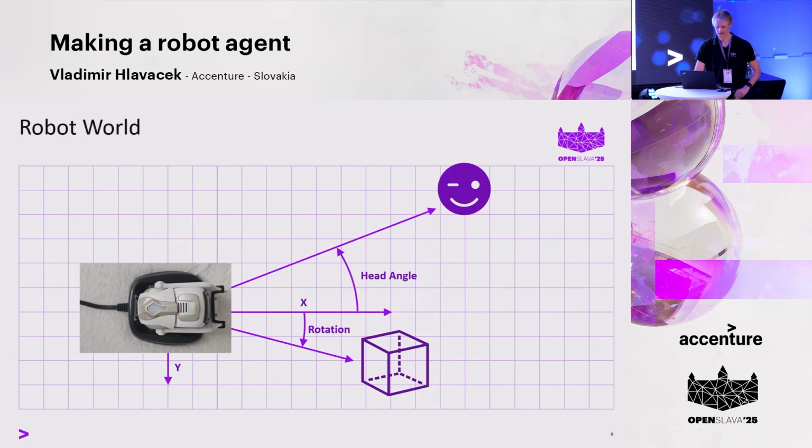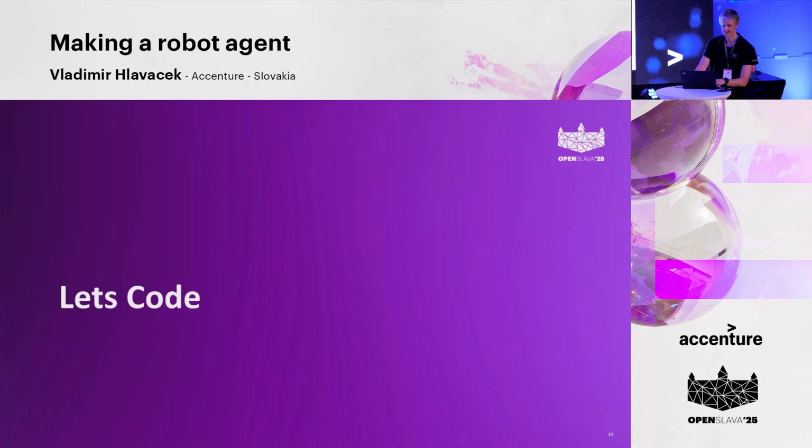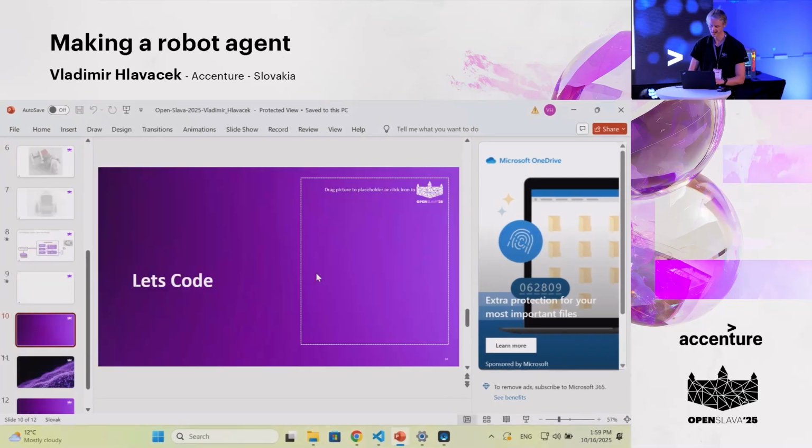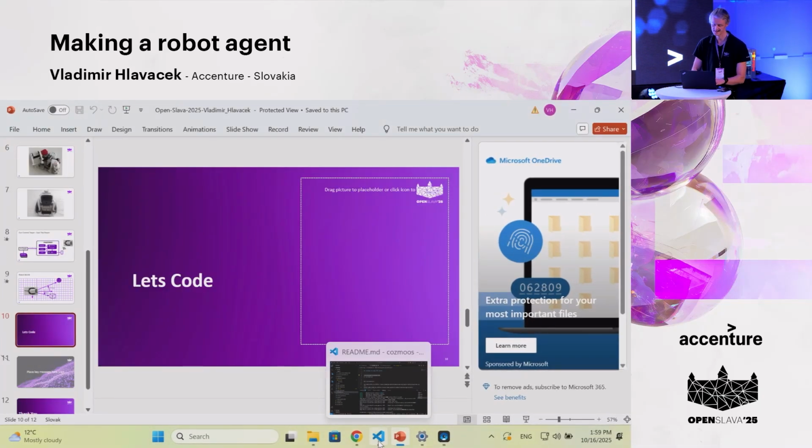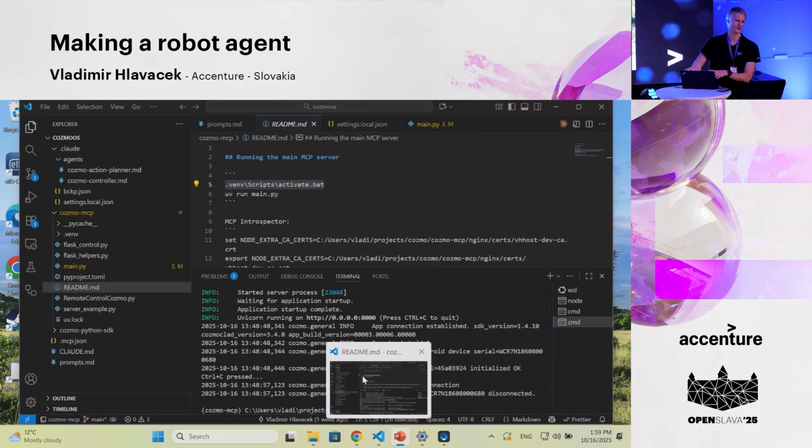All right, so let me maybe show you, now we will go to the code a bit, and I think those are all my slides, right? So now we will stay in the code and we will play a bit around with what he can do. And I guess, I mean, it's a robot, it's a toy, right?